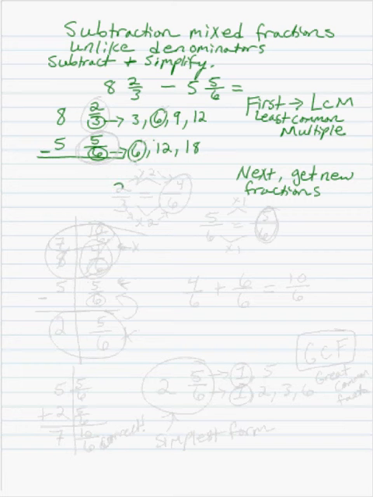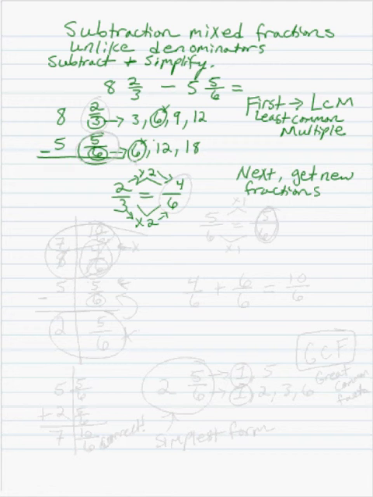I'll take the 2/3 and we're going to change it into something over 6 because that's our common multiple. And we did that by multiplying by 2. So if you multiply the bottom by 2, you multiply the top by 2. So 2 times 2 is 4, and 3 times 2 is 6.